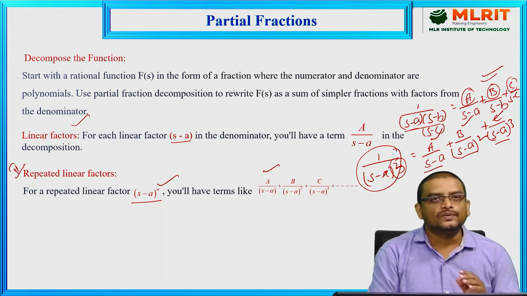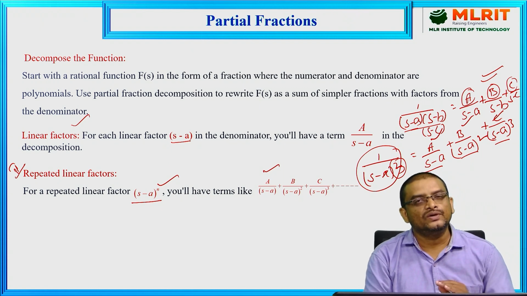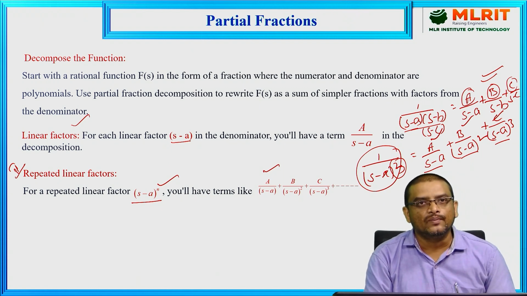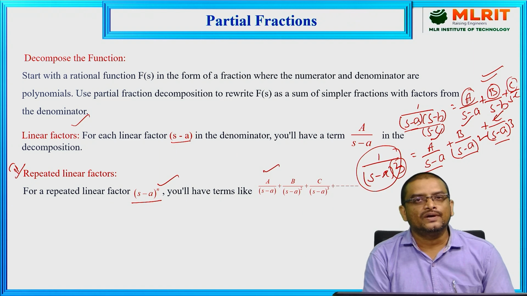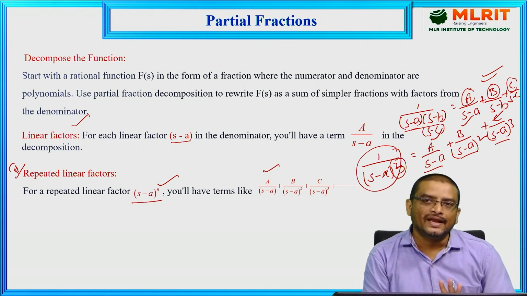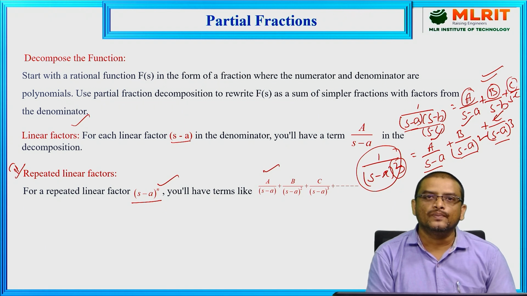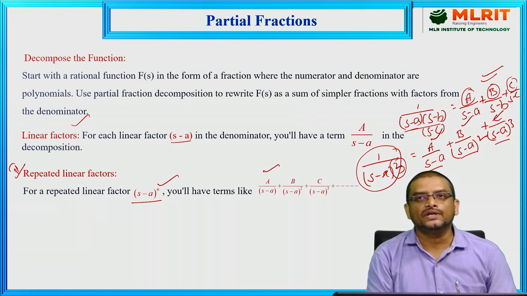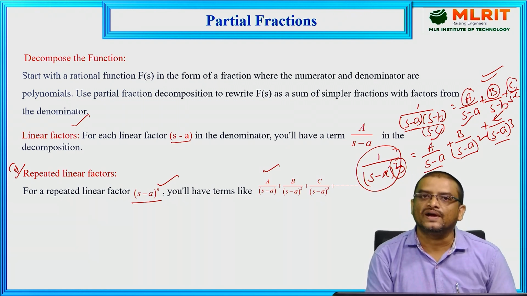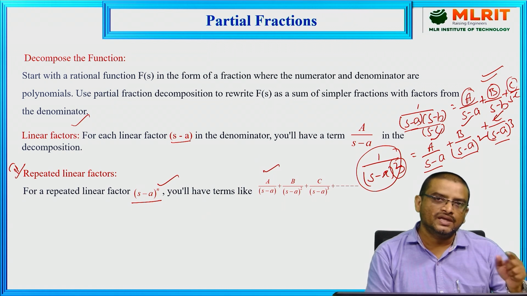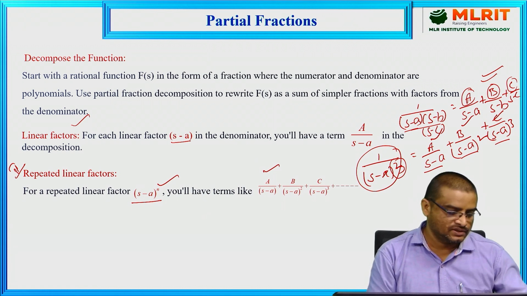And now suppose we don't have linear factors in the denominator. Suppose the denominator is not possible to split into linear factors, or the denominator is a quadratic polynomial which is not reducible into linear factors, then how can you split that into partial fractions?